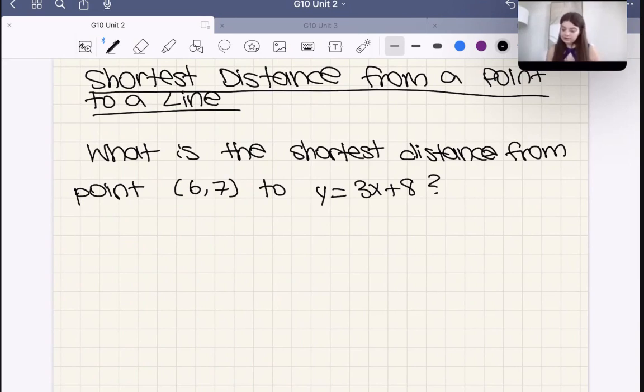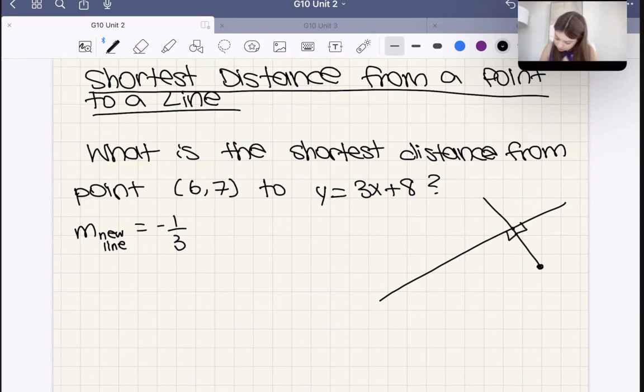So we already have that the slope of our original line is going to be 3. So the slope of our new line is going to be equal to negative 1/3. And we also know that a point on this line is (6, 7). So we can also find the y-intercept of this line.